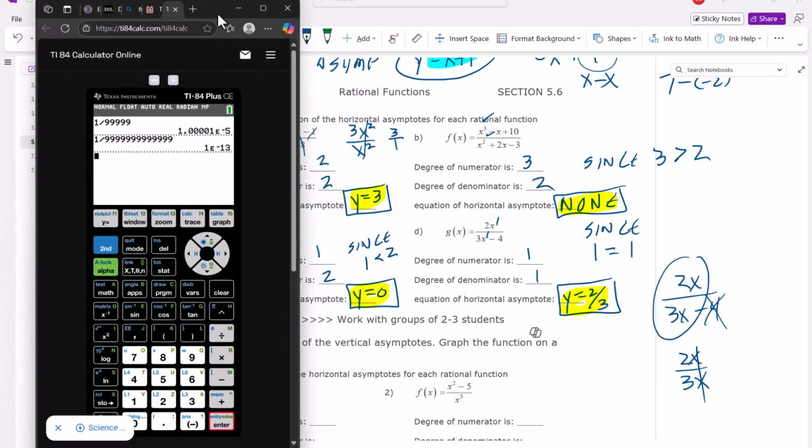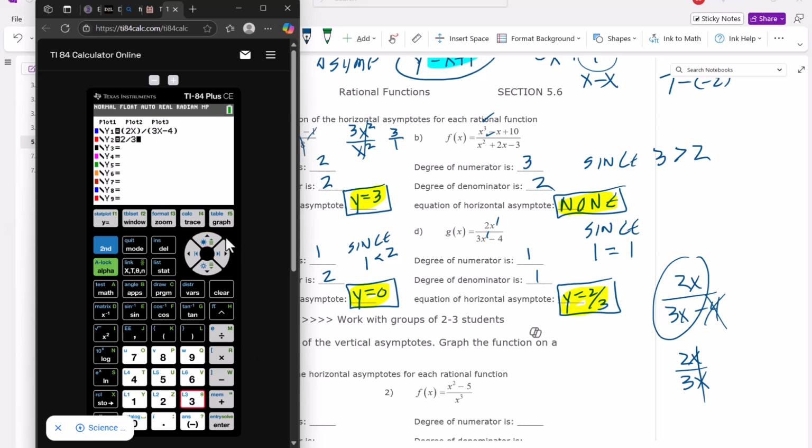Let's look at the one I just put in the calculator. If I clear that and I put in 2x, and 2x must be in parentheses, divided by 3x minus 4. I'm going to put that in, and then I'm going to go to y equals 2, and I'm going to put in 2/3.